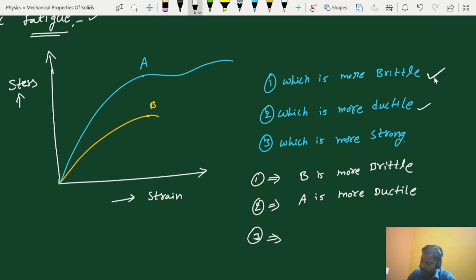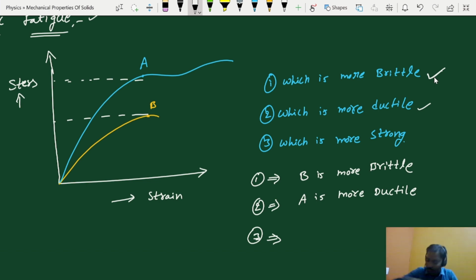And to decide which is stronger, we can understand with the help of stress. The material which can withstand more stress is more strong. Here, which material can withstand more stress?